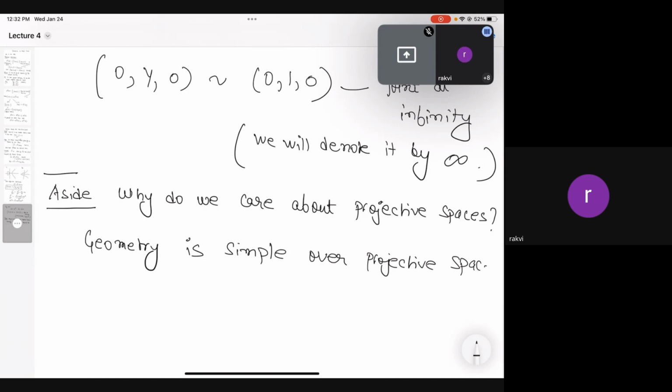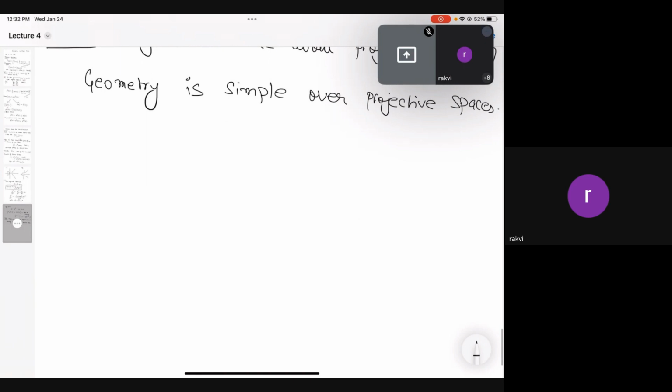To take a very basic example, let's take two lines. If we just restrict ourselves to affine space, or just say R2, think of a line as sitting in the usual Cartesian space.